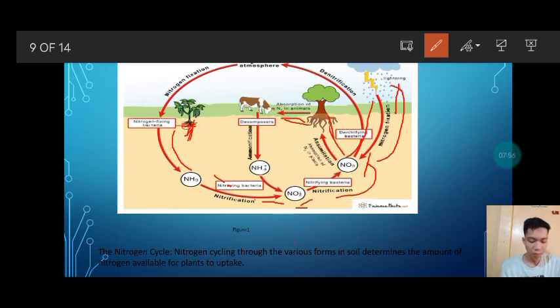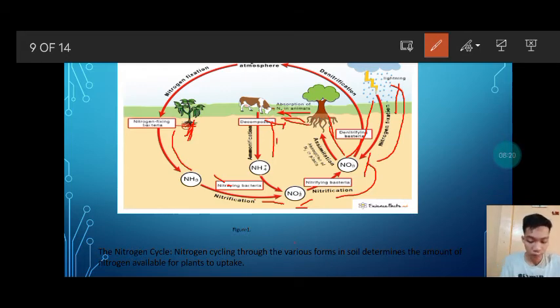Then when the dead plants and animals die, they are eaten by decomposers. This is called ammonification. Then the ammonia gets converted to nitrites and nitrates. Then some nitrates are again used by plants.